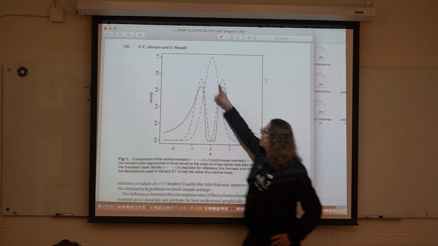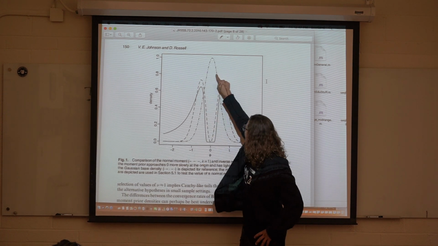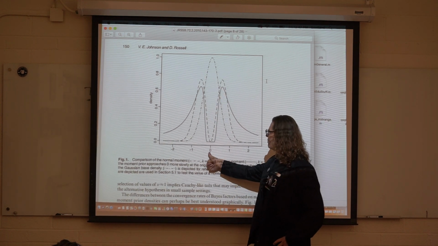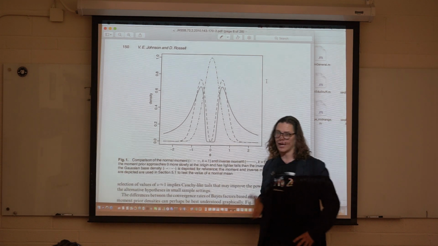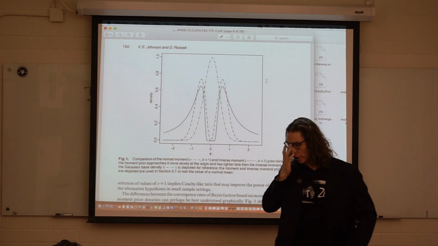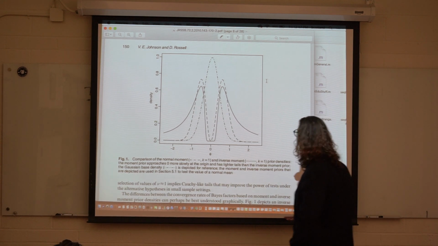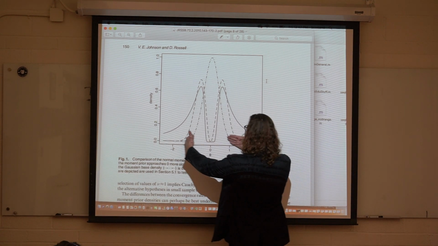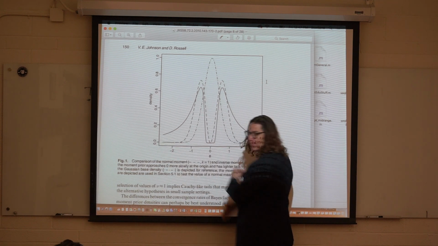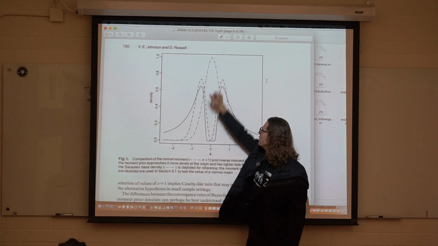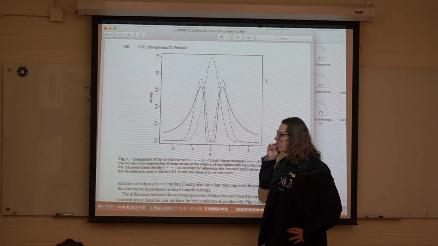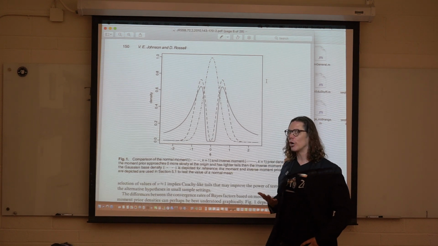So let's just focus on the normal distribution for a second. If we're trying to estimate some parameter, we'll call it theta, and we're trying to determine if it's zero, we could do that Bayesian thing that we spent a couple weeks talking about. And the real question is, how much diffusion do I put in this direction? How flat do I want this thing to be? The problem with that is, remember our null prior.